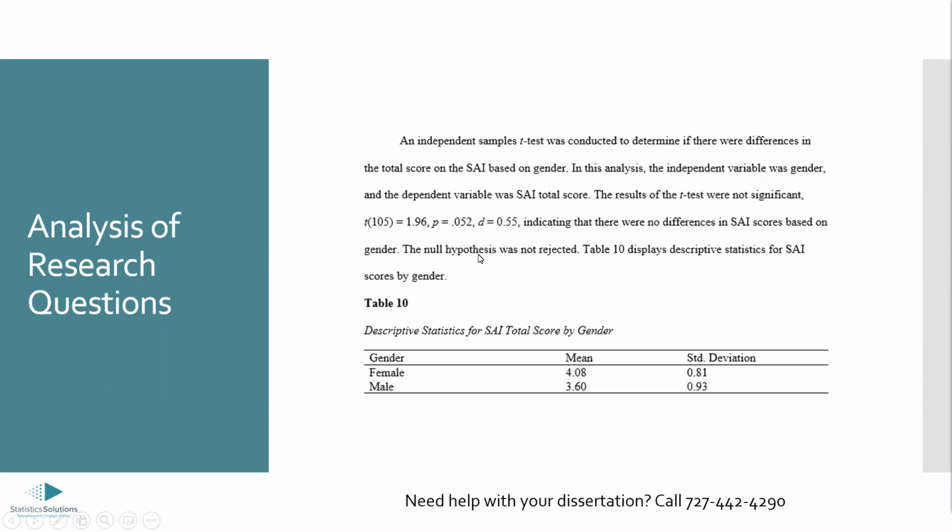We say the null hypothesis was not rejected because our result was not significant. And then if applicable, present a table showing relevant statistics for the test. For a t-test, we might show the means and the standard deviations for the groups that we're comparing.